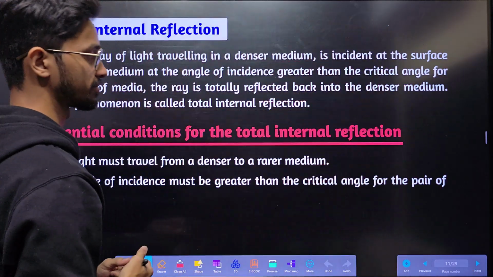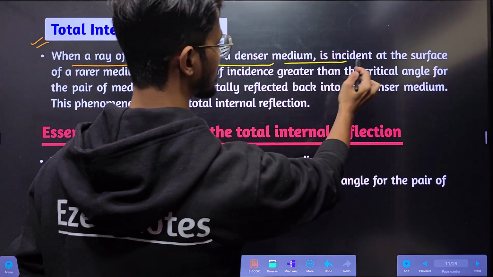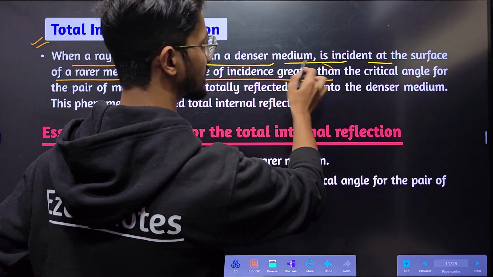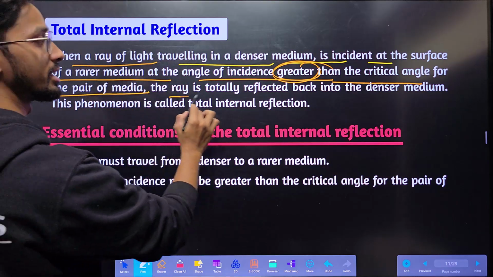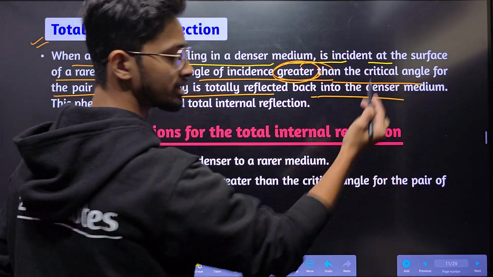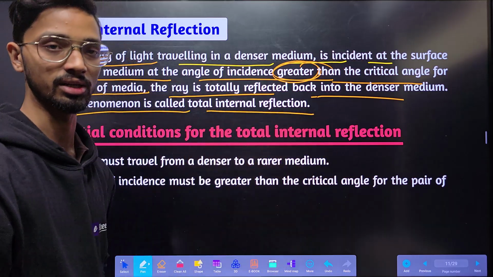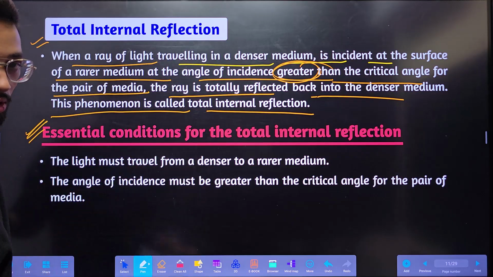Okay. Next, total internal reflection. We have studied this. When a ray of light traveling in the denser medium is incident at the surface of a rarer medium at an angle of incidence greater than the critical angle for the pair of media, the ray is totally reflected back into the same medium, that is, the denser medium. This phenomenon is called total internal reflection. You need to remember the essential conditions for TIR.